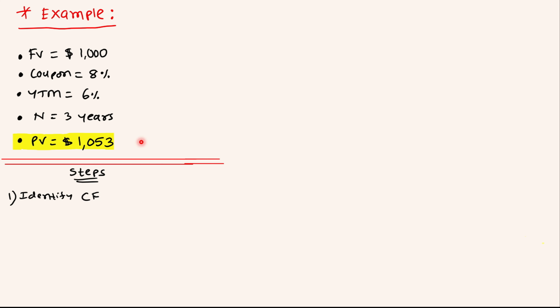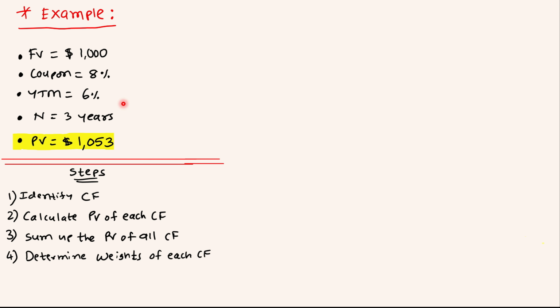Well, the first step is to identify the cash flows. It's going to be $80. The second step is to calculate the present value of each cash flow, so you discount $80 by the yield to maturity. You then sum up the present value of all the cash flows.